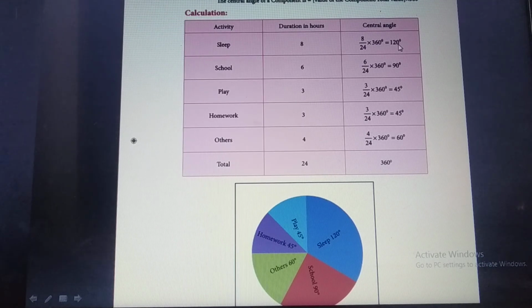The overall degree, 120 plus 90 plus 45 plus 45 plus 60, equals 360 degrees. The total value is 360 degrees.